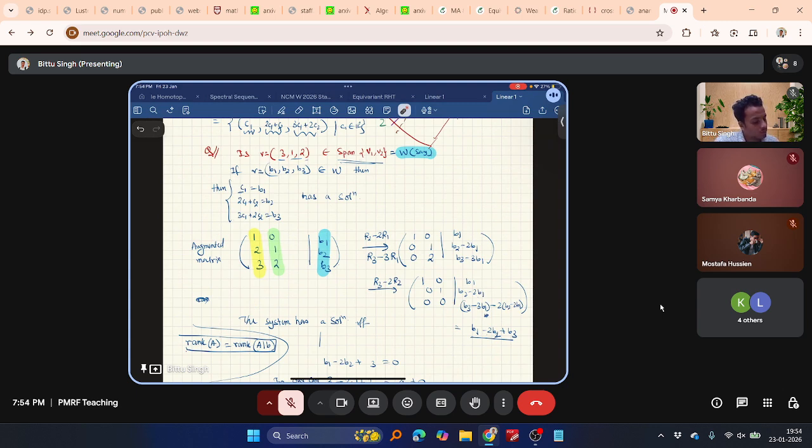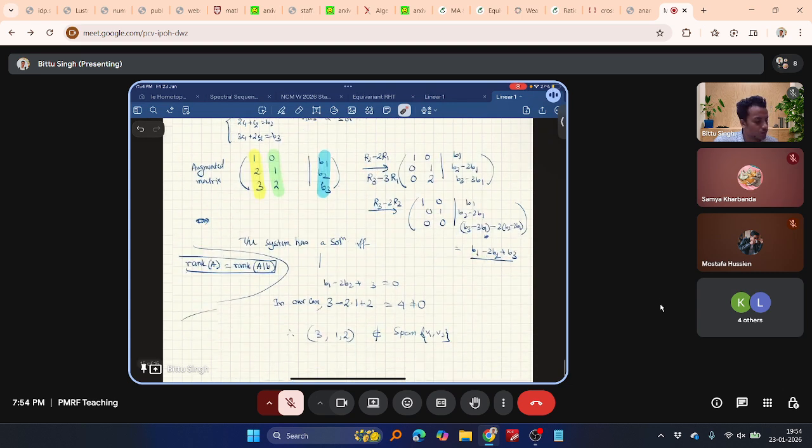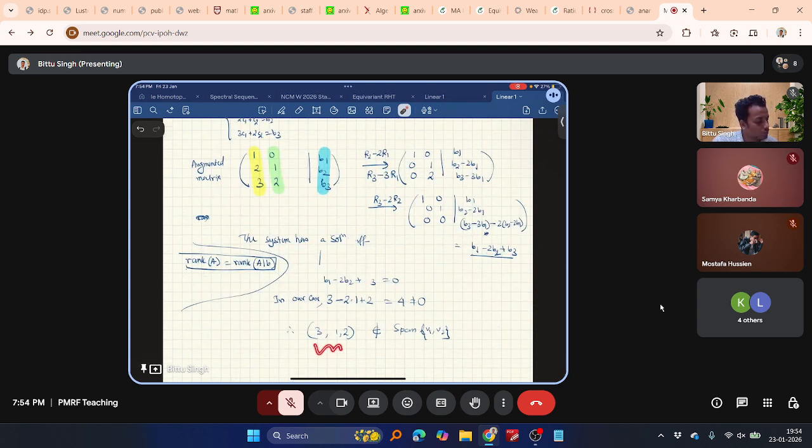If the rank of this one is the same as the rank of the augmented matrix, then it is okay. This element belongs to the spanning set of the first two elements. If not, then this tuple b1 b2 b3 does not belong to the span of those two vectors. So this is what we have seen: 3 1 2 does not satisfy this relation. This is non-zero, but on the left hand side it is 0. So this is not possible. So 3 1 2 does not belong to the span of v1 v2.